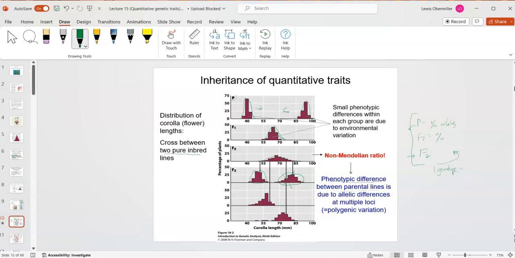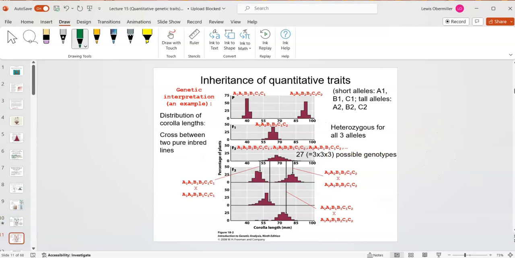So anyway, there's a difference between the parental lines due to differences in alleles at multiple loci. So again, that's polygenic. We already talked about that. All right. So I just put these in here so you could see. Let's say that this is homozygous for A, and we're just going to use subunits 1 and 2.